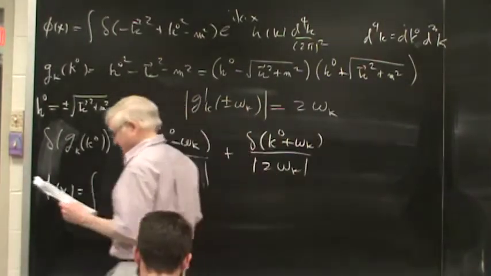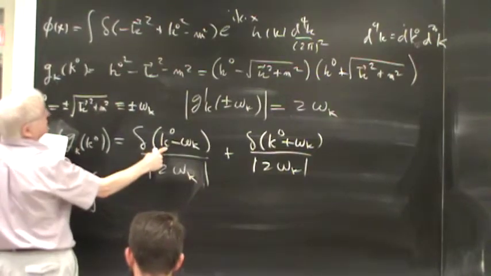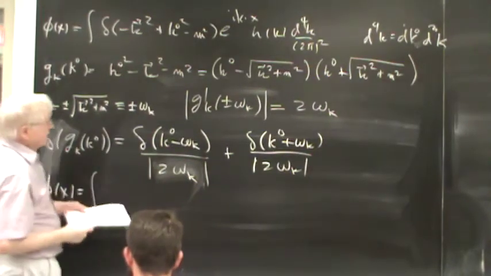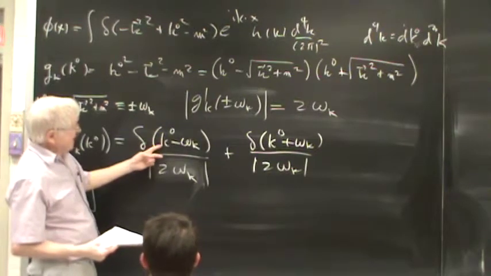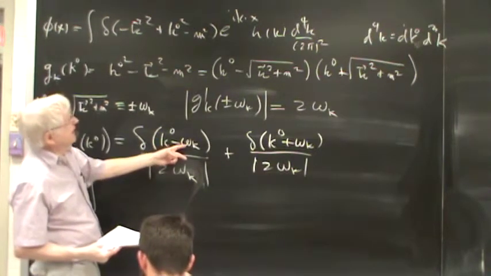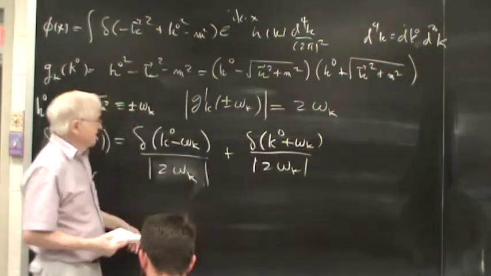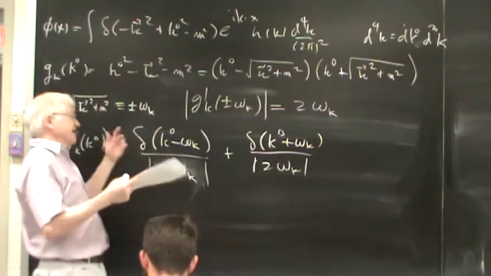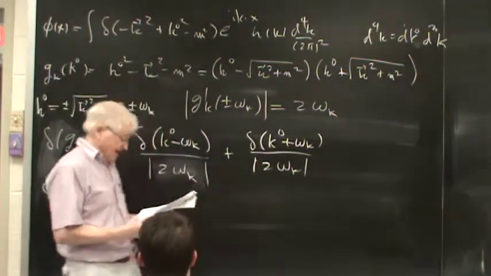And so when we do that integration, we get h evaluated at k0 equals omega k and h evaluated at k0 equals minus omega k.